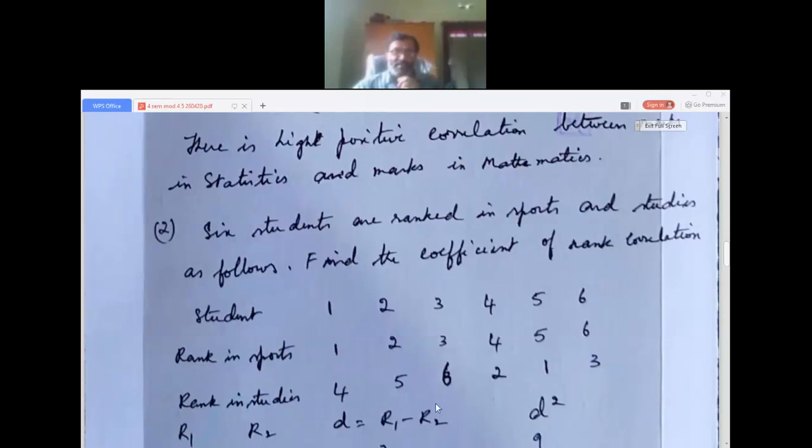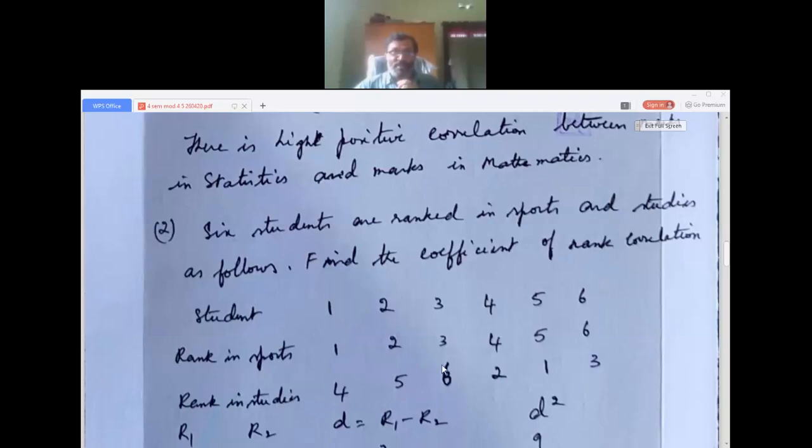So here we get the first student, second student, third, fourth, fifth, and sixth student. For the first student, rank in sports is 1, rank in studies is 4, as given in the question. For the second student, rank in sports is 2 and rank in studies is 5.